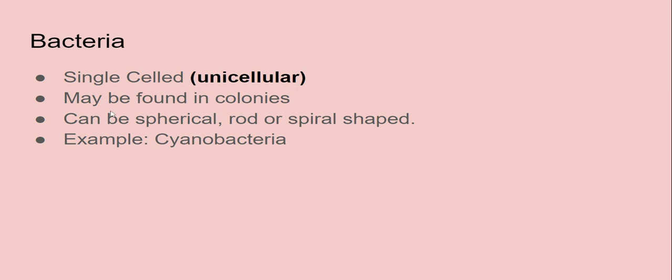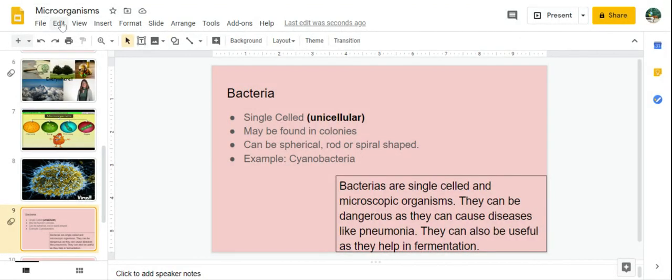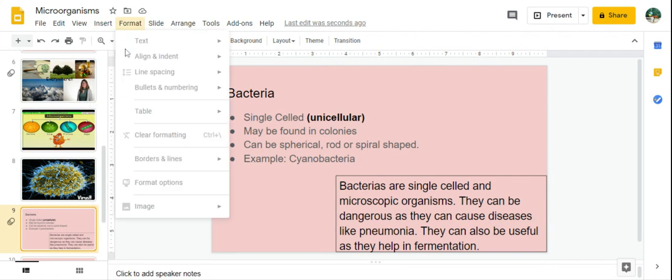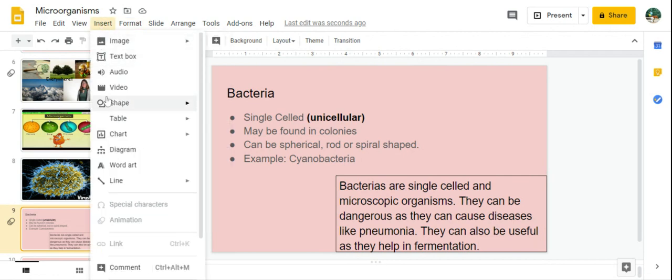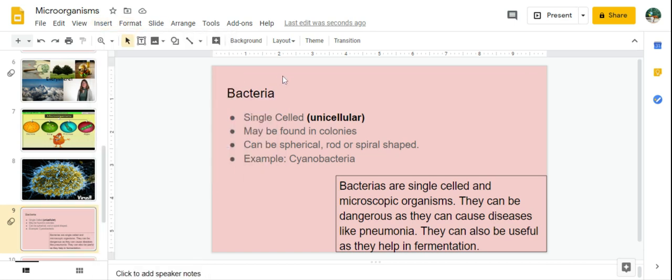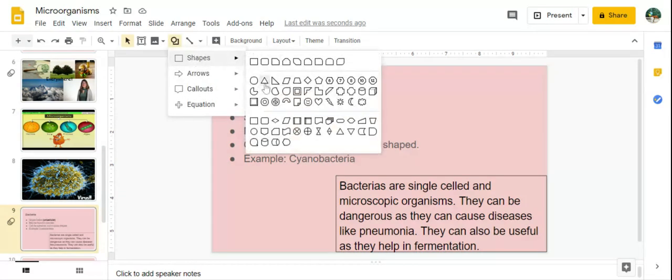Single cell means unicellular. Next, they may be found in colonies, so they can live in colonies. They can be spherical, rod, or spiral shaped. You understand the term spherical: they are round in shape.